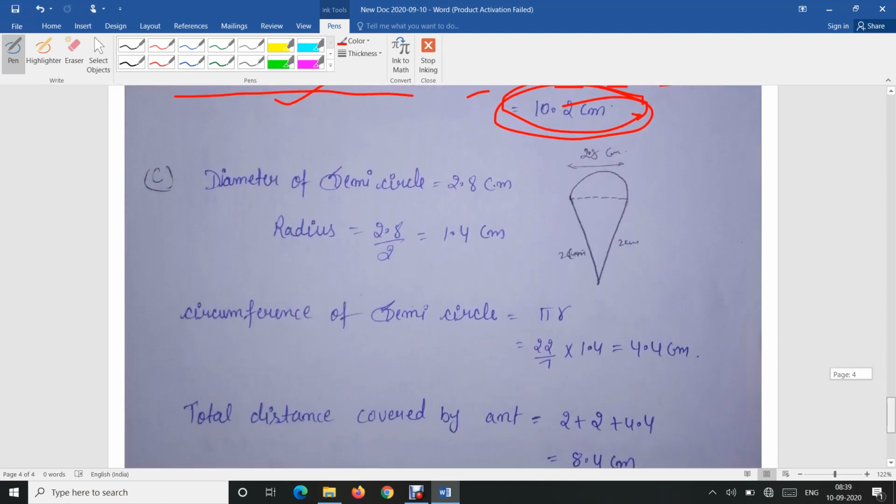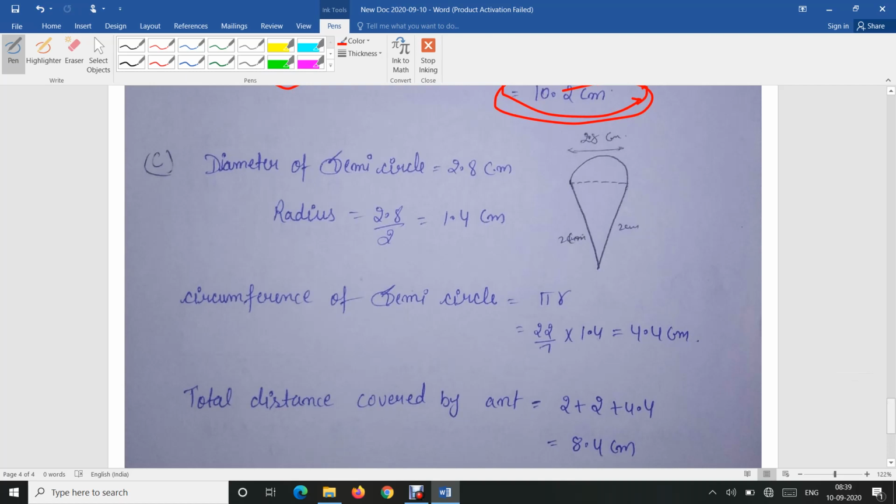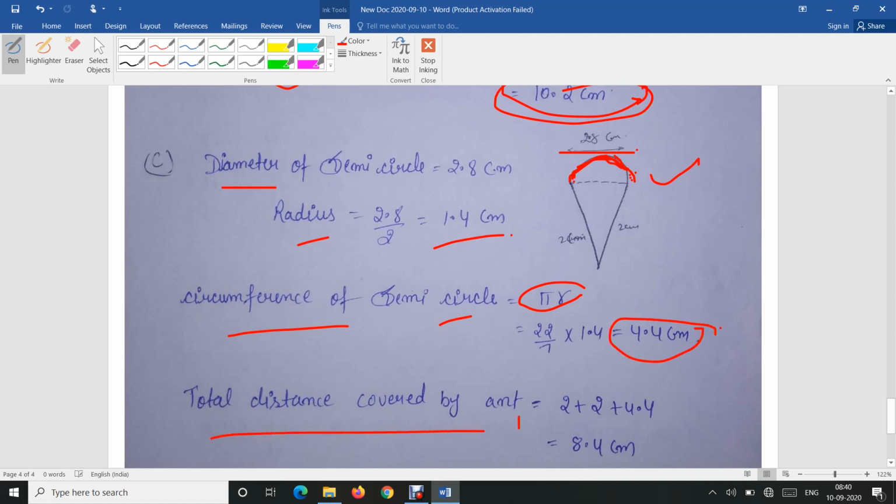Now see the third part. This is in the shape of a cone, but this portion is a semicircle. The diameter of the semicircle is 2.8, so the radius will be 1.4 centimeter, and the circumference of this semicircle is pi r, that means 4.4 centimeter. Now we need to find the total distance covered by the ant.